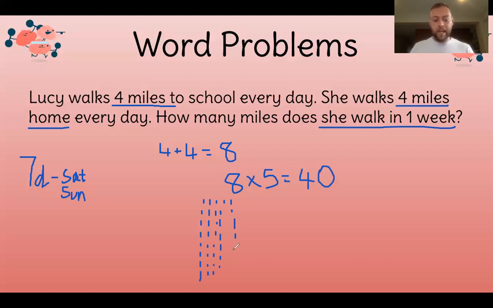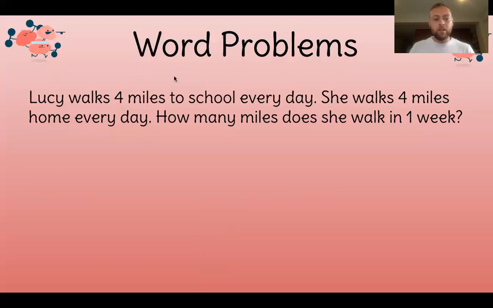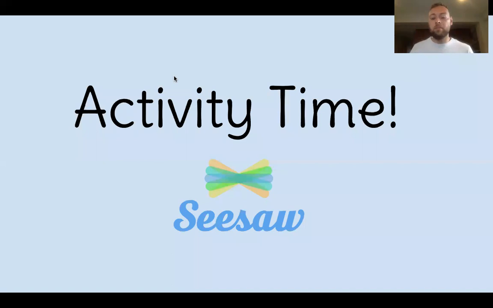Woohoo! Okay, so let's talk about today's activities. You're going to come across many, many word problems that I want you to solve, just like we've done, okay? Read the question, underline the key information, and then solve your answer. Step 1 is you're going to try and beat my hit the button score.